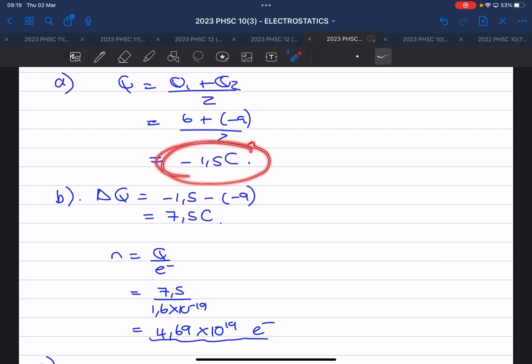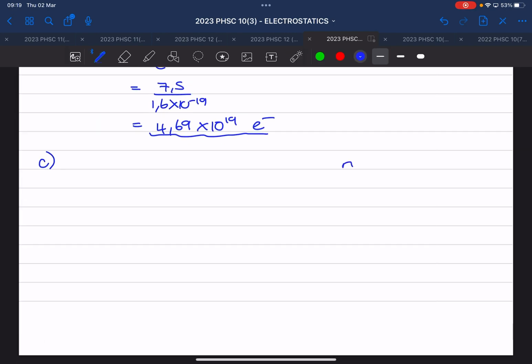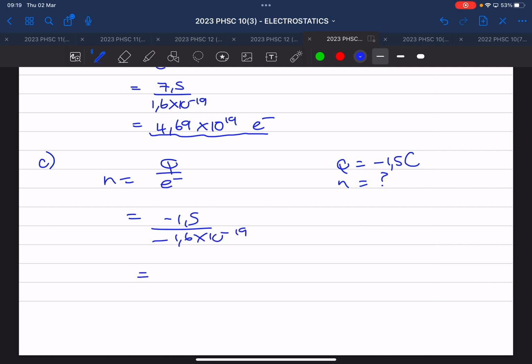So both will have the same number of excess electrons. Okay? So we know that the charge is negative 1.5 coulomb. We want to know the number of excess electrons. So same formula. And what do you get?